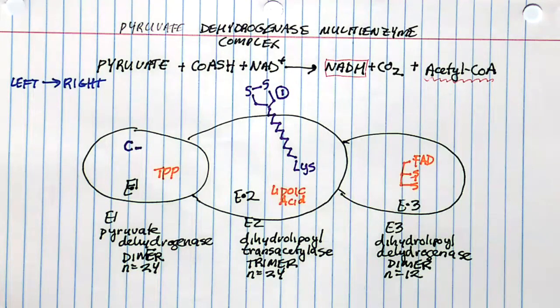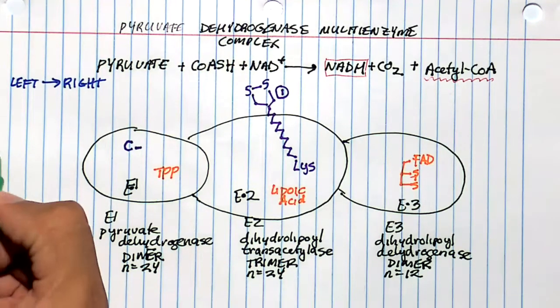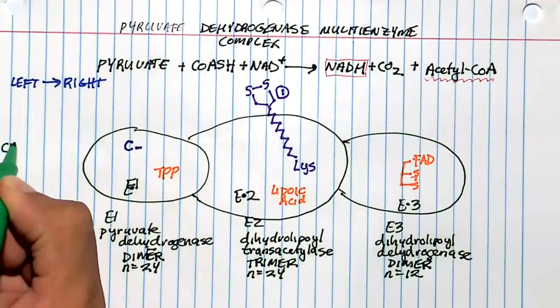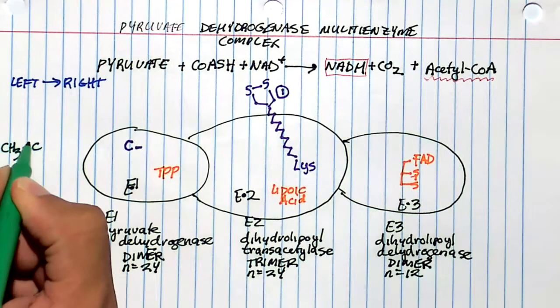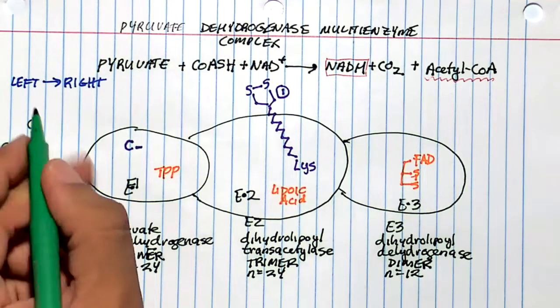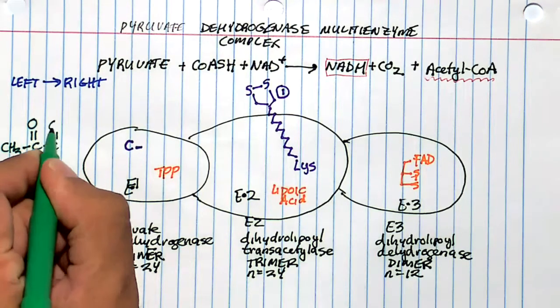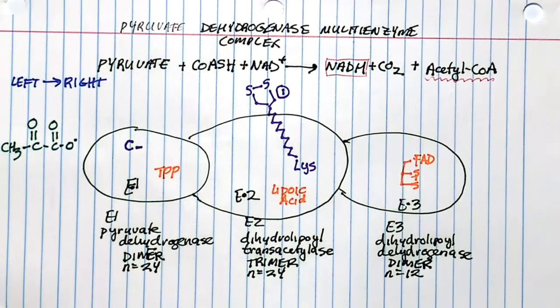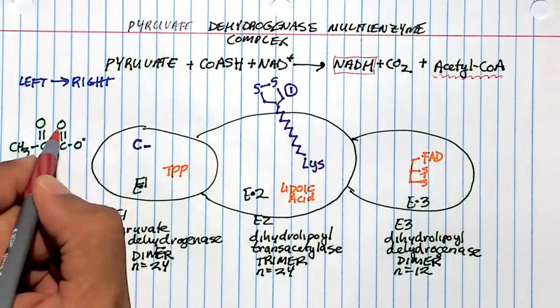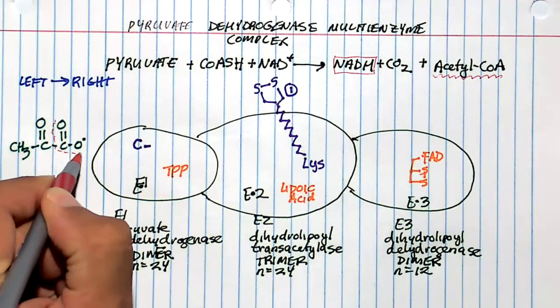All right. So the first thing that I would like to talk about is what happens in terms of this reaction. Let's just draw the structure of pyruvate here. Okay. So the very first step in this reaction mechanism is that this CO2 is going to come off.